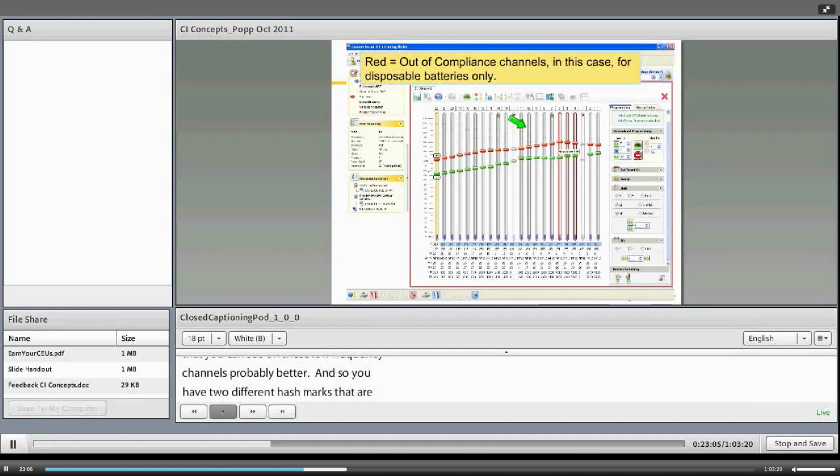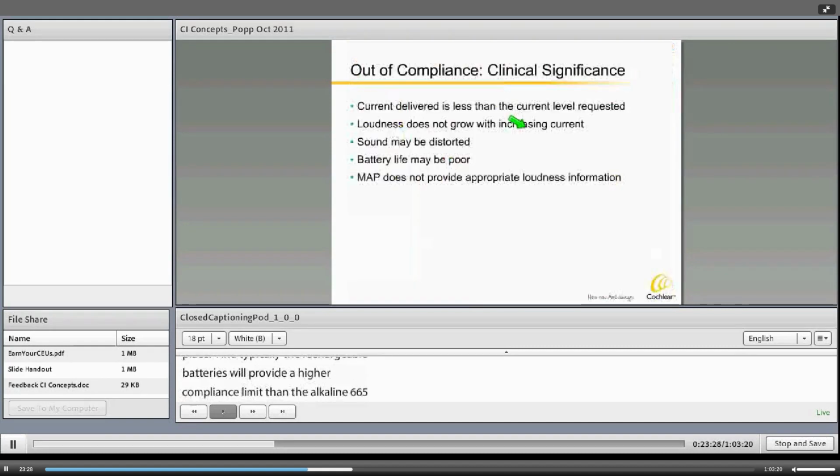And so you have two different hash marks that are showing, because depending on the battery that an individual is using, there will be a different compliance limit in place. And typically, the rechargeable batteries will provide a higher compliance limit than the alkaline 675 batteries.